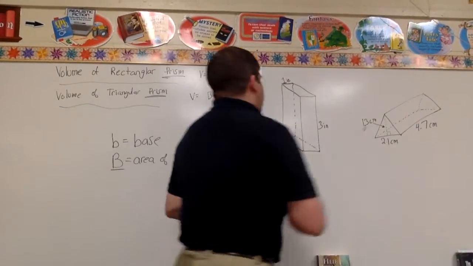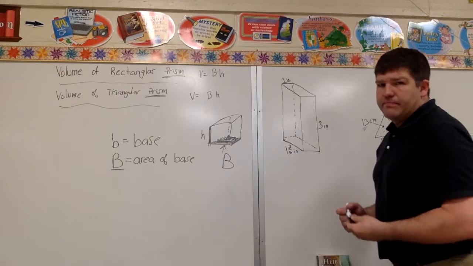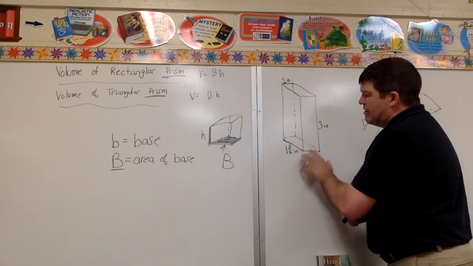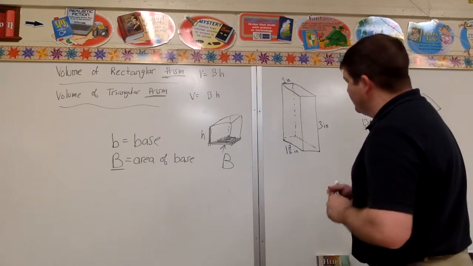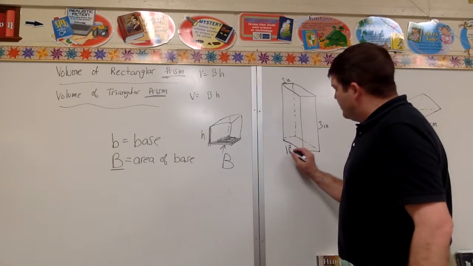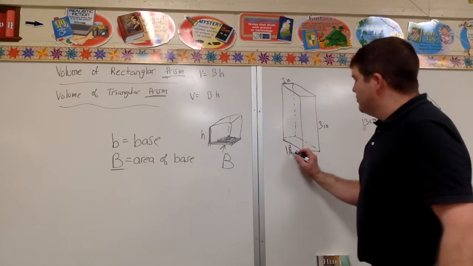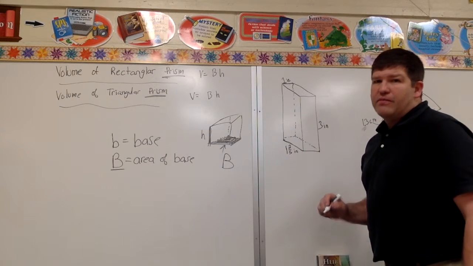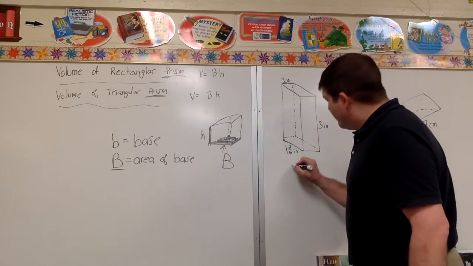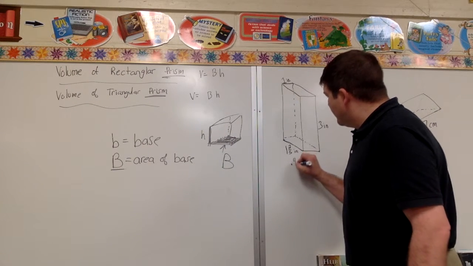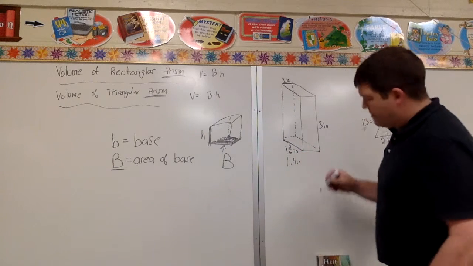So I have a rectangular prism, and I'm actually going to get this all to decimals. Remember, this line just means divided by. So it's 2 divided by 5. When I do 2 divided by 5, it gets me 0.4. And then I bring down my whole number 1 inches.